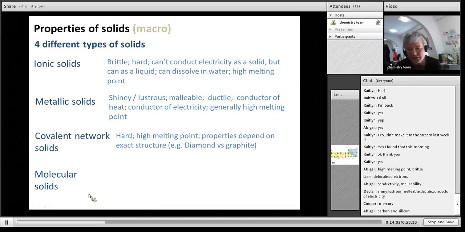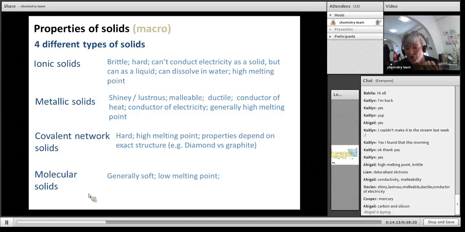Then the molecular solids, and they generally are soft. Think of oxygen gas, nitrogen gas. When you take it down to a solid, not that you see oxygen as a solid very easily, so let's take something a bit different. Sulfur is a solid, that's a non-metal, and it tends to be soft.